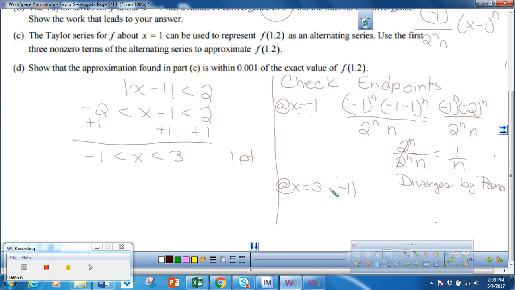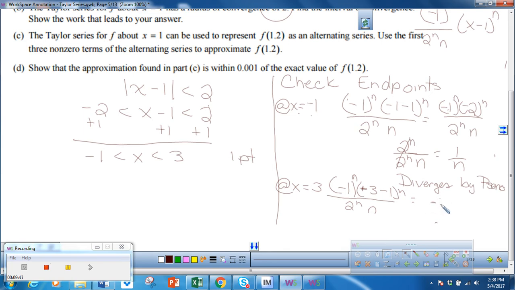So that's negative 1 and 3 minus 1 to the nth over 2 to the nth n. Oh, that's positive 3. It's not negative 3. Sorry, that's positive 3, and that's to the nth power.